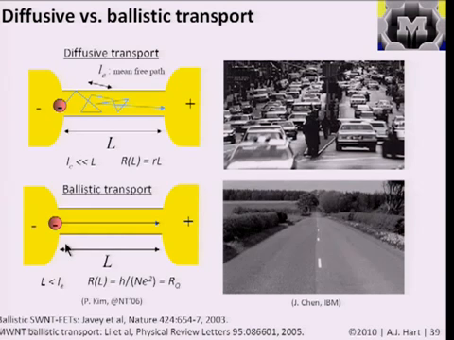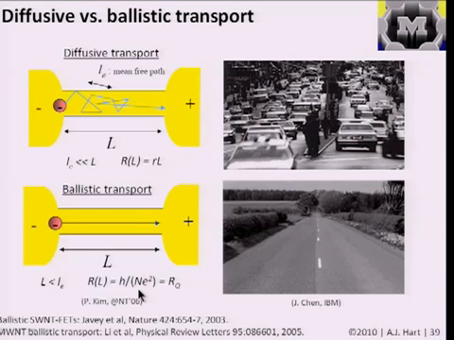And it's not that there's no resistance here, but in this case the resistance is independent of the length and is equal to a fundamental quantity, which we won't talk about more, but is called the quantum resistance, or R sub Q, and this is related to Planck's constant h and the fundamental charge e, and also the number of conduction channels available in the material.